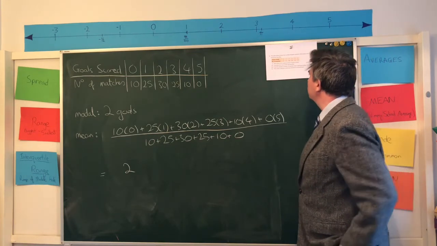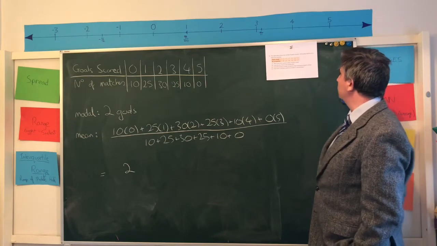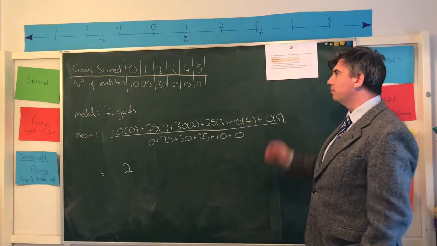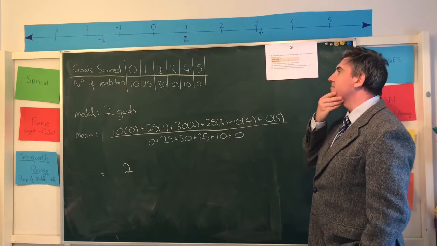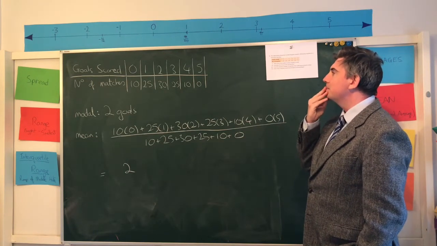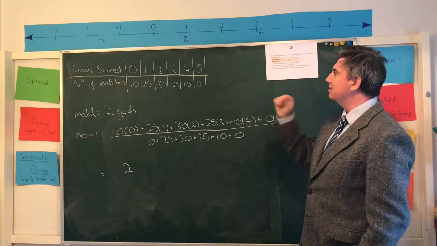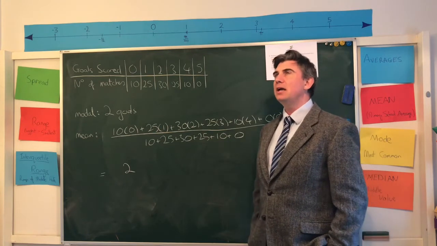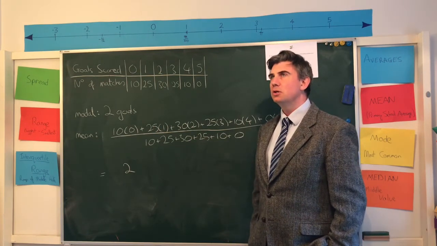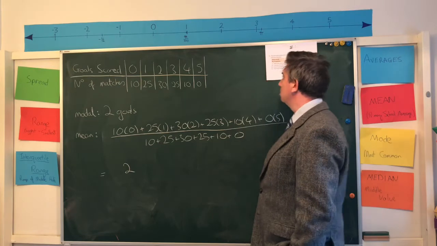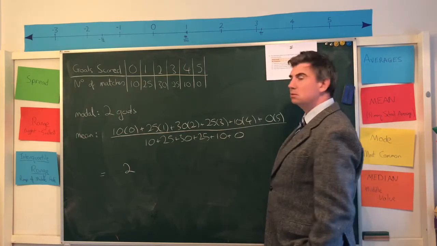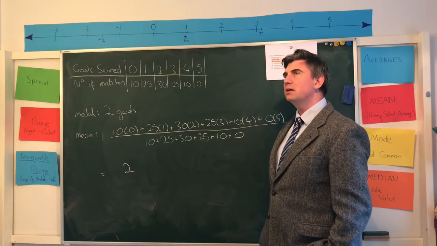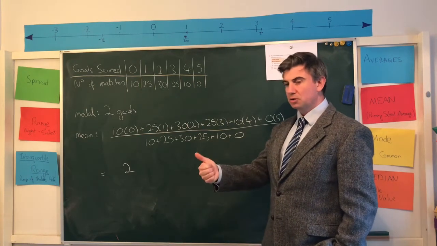Question 6, part 3 was find the greatest number of matches that could have ended in a draw. Okay. Well, let's take 3 for example. Is it possible for a game in which 3 goals were scored to have ended in a draw? That would mean that one team scored 3 and the other team scored 0.